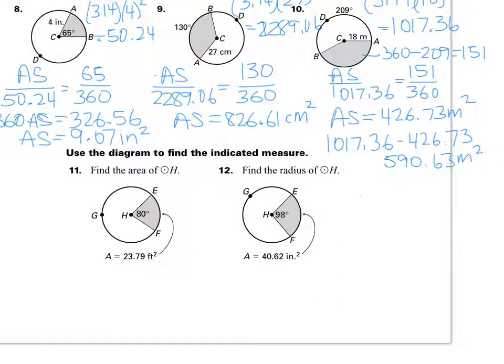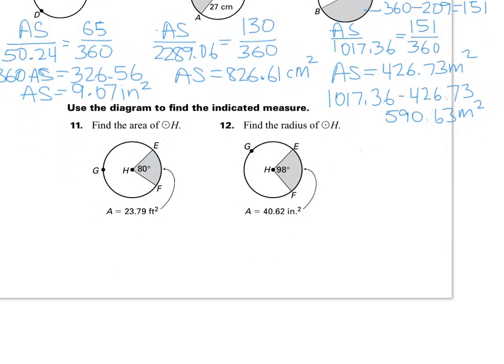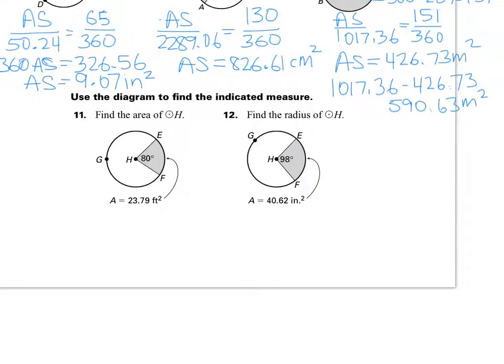Okay, and then we're going to use the diagrams to find the indicated measures. So in number 11, we're going to find the area of the circle H. So we're given the sector area, which is 23.79.